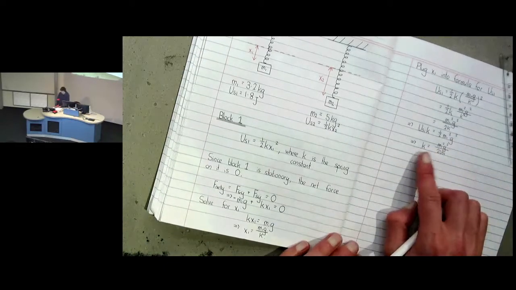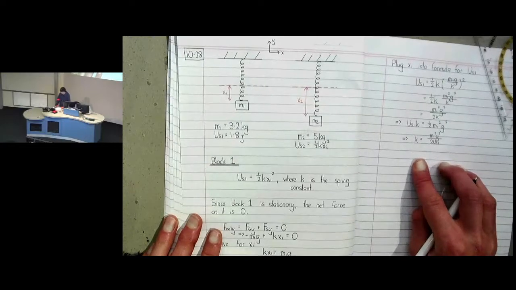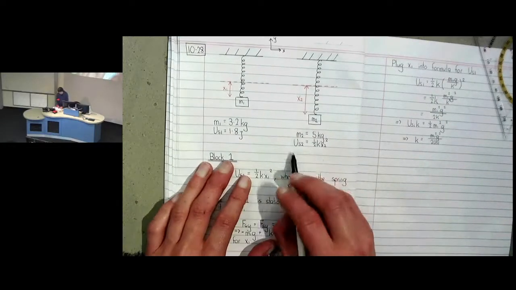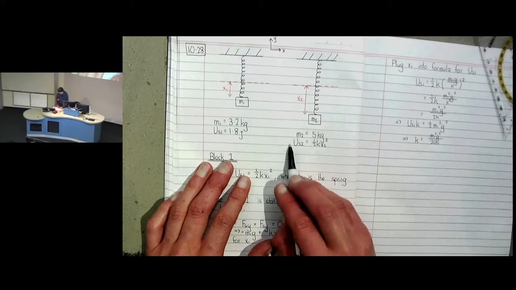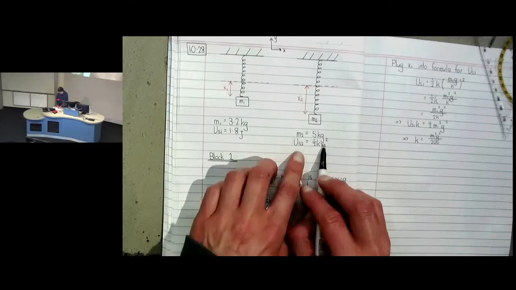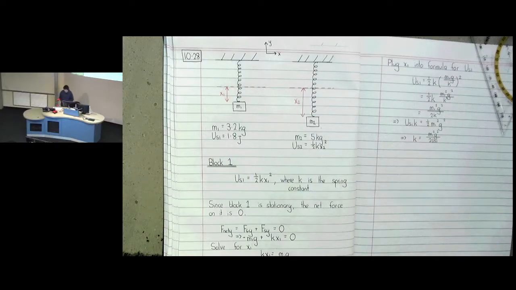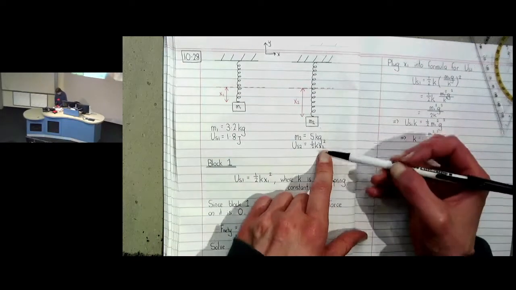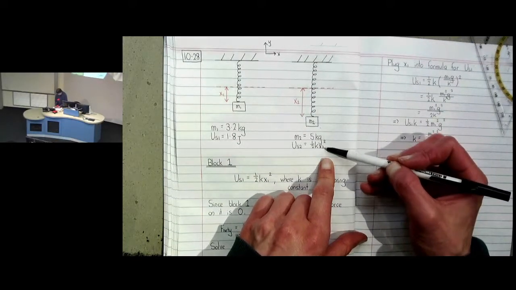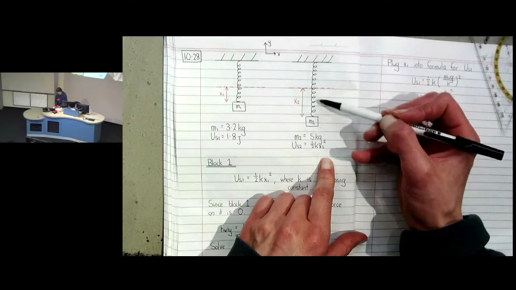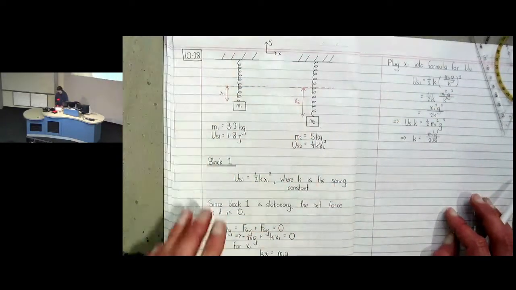So we now know what the spring constant is. So we know one of the unknowns in the elastic potential energy formula for the case of block 2, which is the 5 kilo one. The only other thing we need to figure out is what is the distance by which this spring has been stretched just to hold up the 5 kilo block.